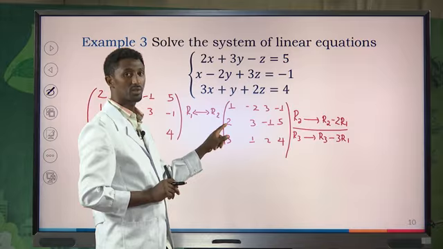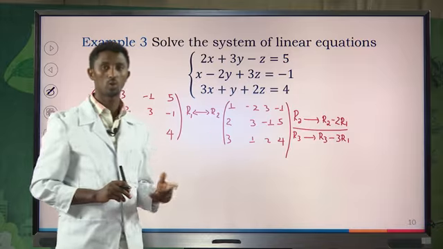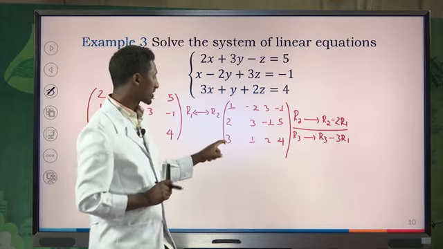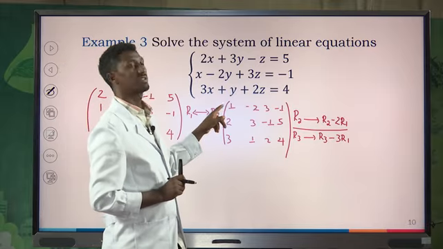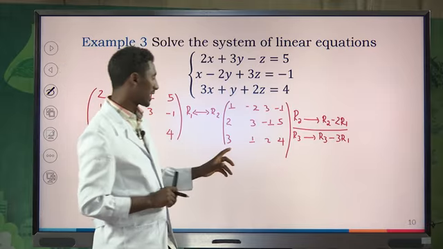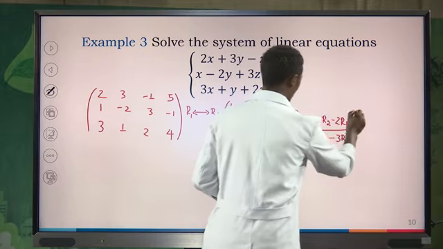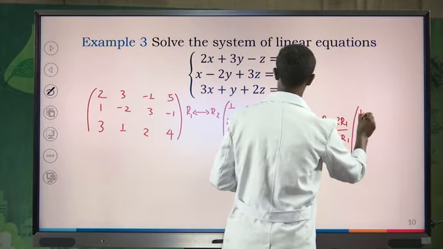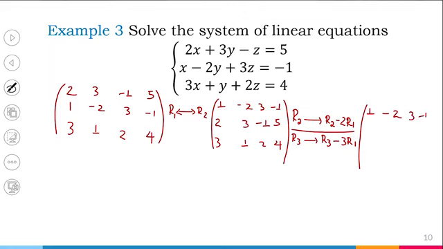leading entries. 2 minus what constant times the first row must be 0? That's 2. 3 minus what constant times row 1 must be 0? That's 3. Now we write the first row as it is, 1, minus 2, 3, minus 1.